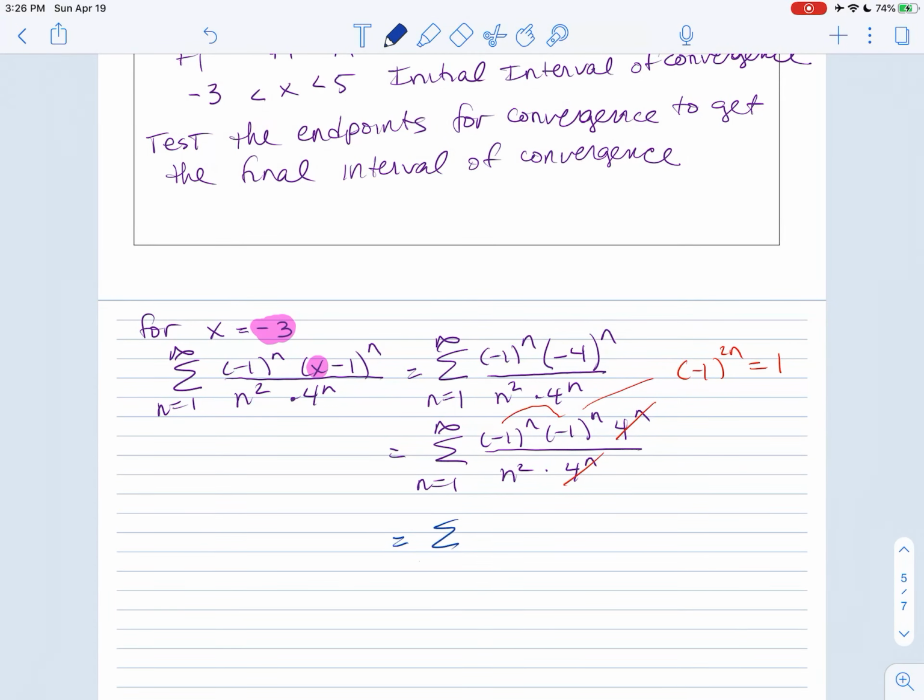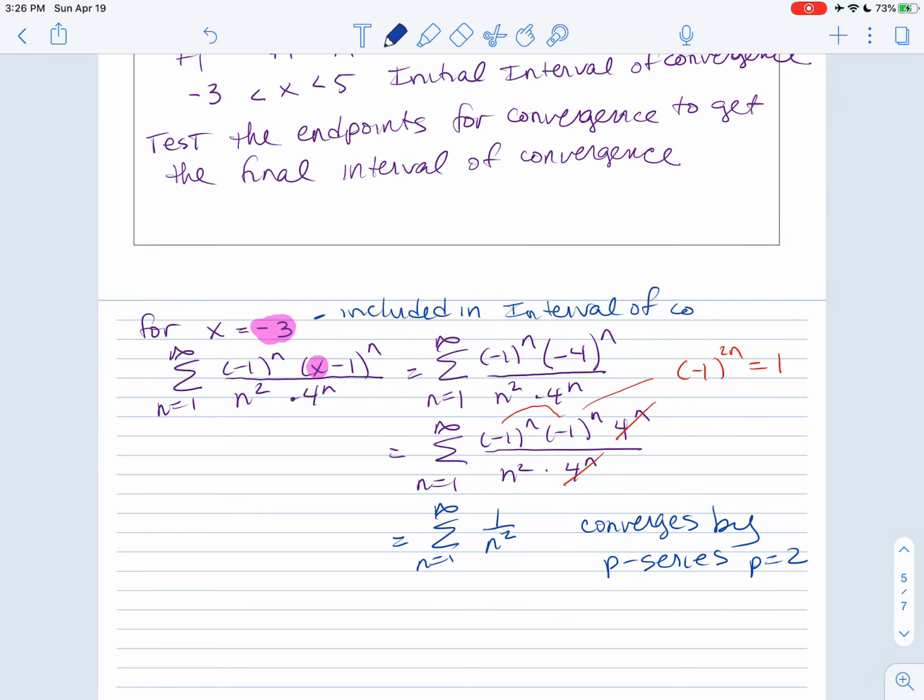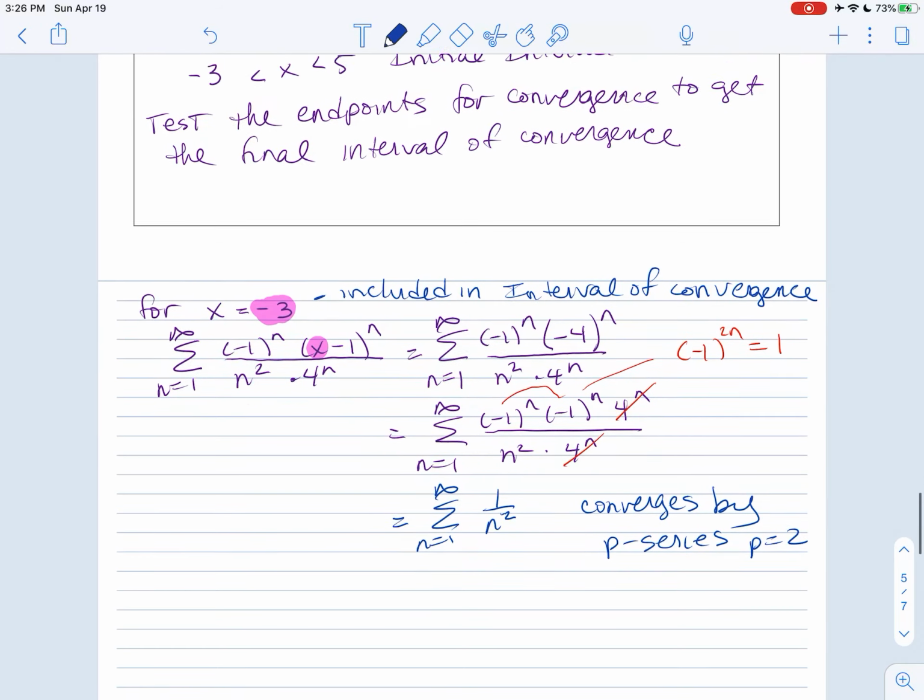So I'm just now going to reduce my series to the sum from n equal 1 to infinity of 1 over n squared. And I know that this is a convergent series because it is a p series with p equal to 2, which is bigger than 1. So if I go back to my initial interval of convergence, x equal to negative 3 should be included in the interval of convergence because it converges at that point.